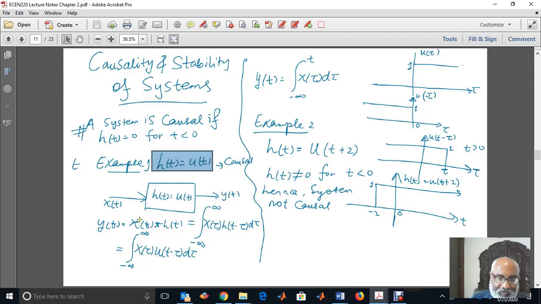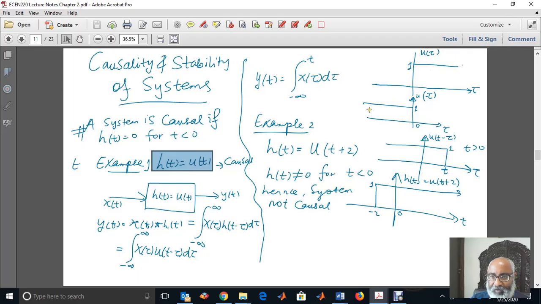Let's try to relate the input and the output. y of t is equal to x of t convolved with h of t, the integral from minus infinity to infinity of x of tau h of t minus tau d tau. h of t minus tau means u of t minus tau. That means you have the unit step first, u of tau.